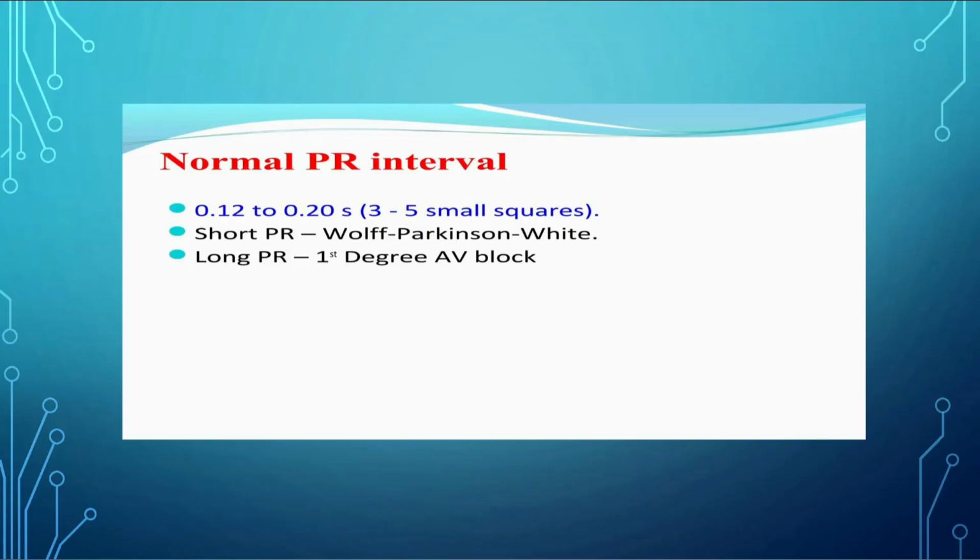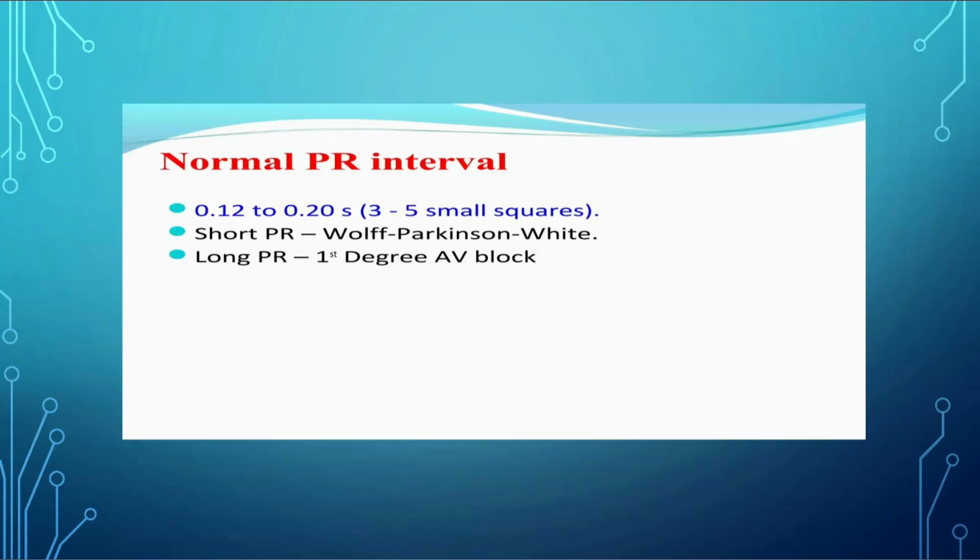So you should know the importance of the PR interval, in which condition the PR interval is short, and what is the normal duration of the PR interval. A short PR you will be seeing in Wolff-Parkinson-White, that is WPW syndrome.